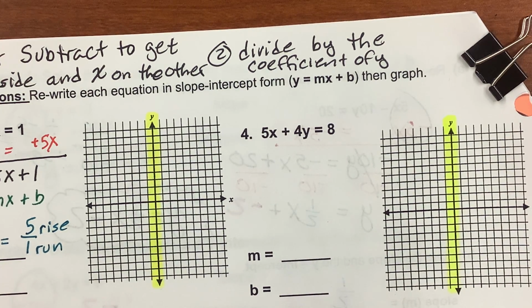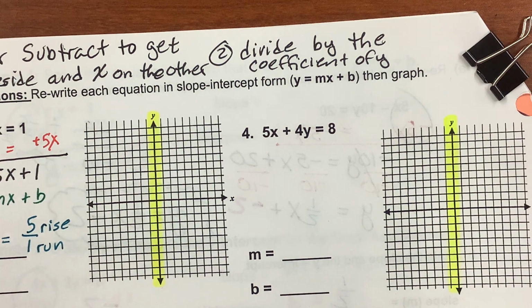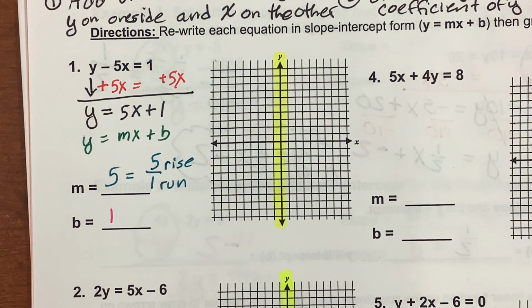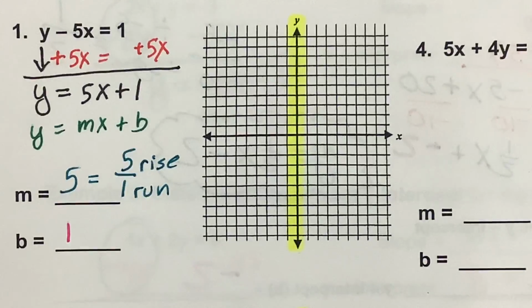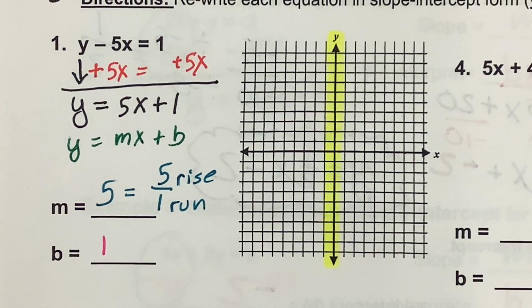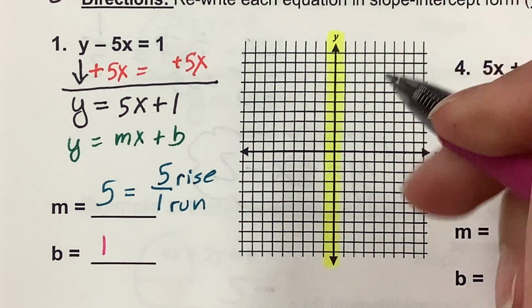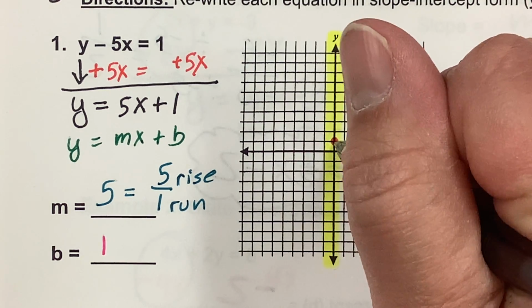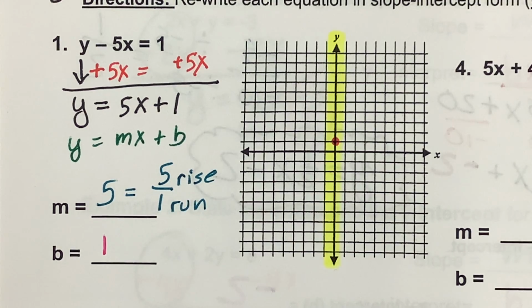And you know I like visual reminders. The y with my yellow highlighter. So I can't see this graph very well, so I'm sure you can't either. Let me make that a little bigger. And now I'm going to begin with b equals 1. Y-intercept. Here's my y, and I'm going to intercept it at positive 1.